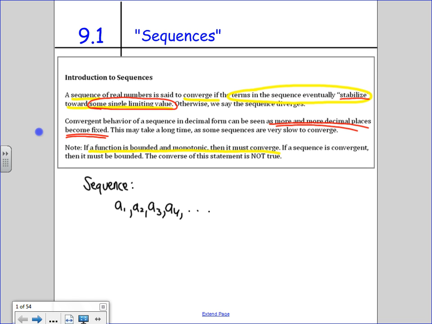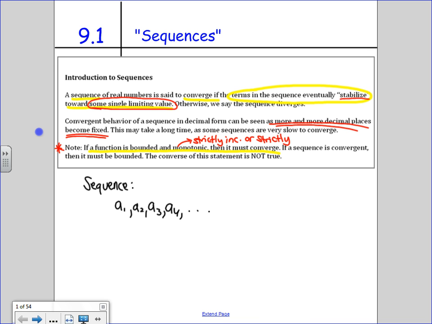Here's a big note. If a function is bounded and monotonic, hold on, quick reminder, what's monotonic mean? Strictly increasing or strictly decreasing.